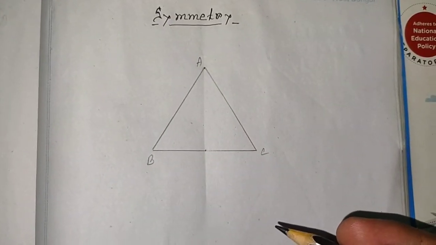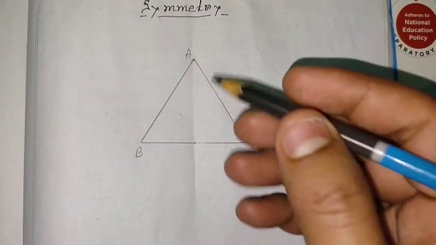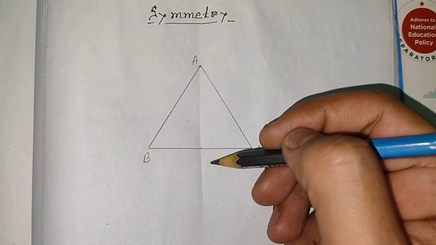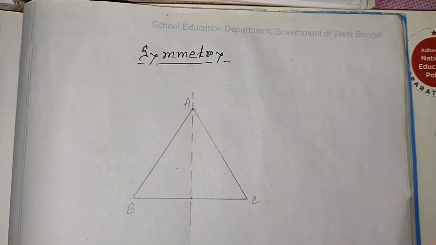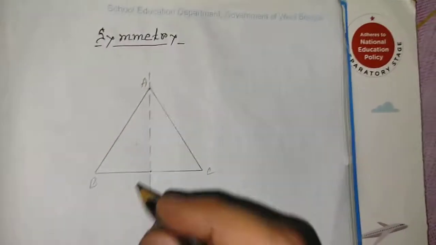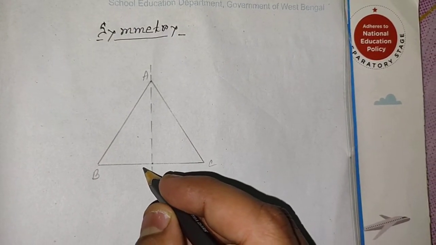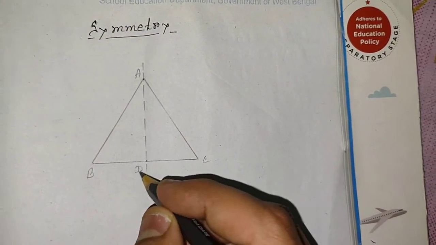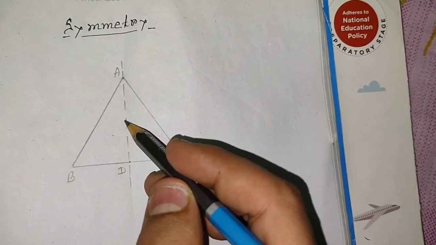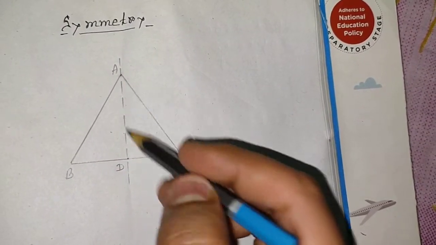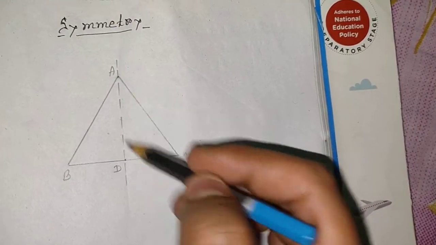If we draw a line along this crease, we get a line here. We can mark it as D. Okay, so AD bisects this equilateral triangle into two equal halves, that is the same as this half.